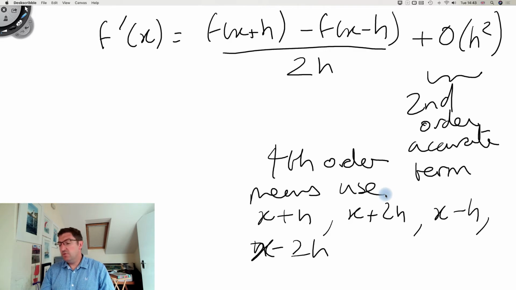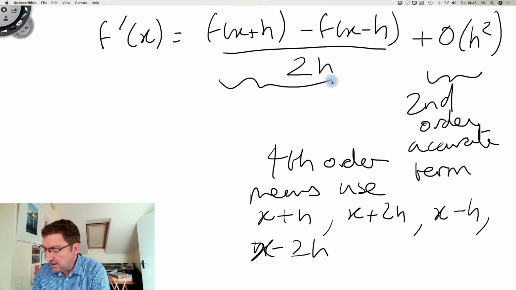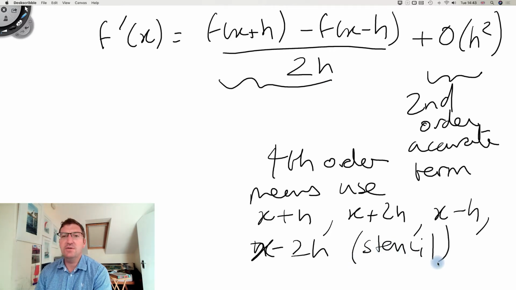Of course, the result of this is the higher order accuracy you want, the more points you're using. So for second order accuracy, you're using x plus h, x minus h. For fourth order, you're using maybe 4 points. And this is sometimes called a stencil, using an analogy of a stationery cupboard.